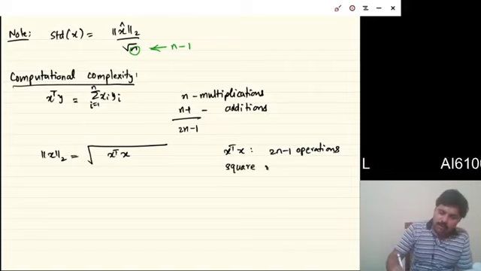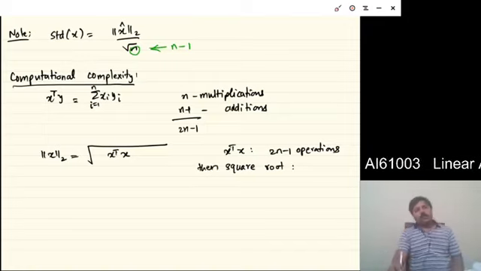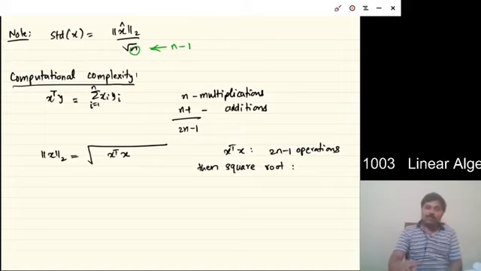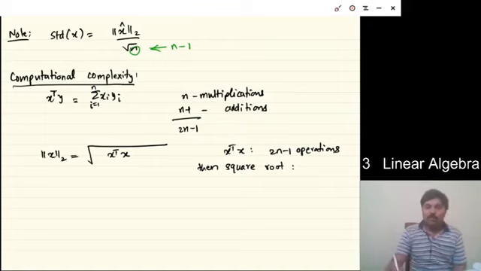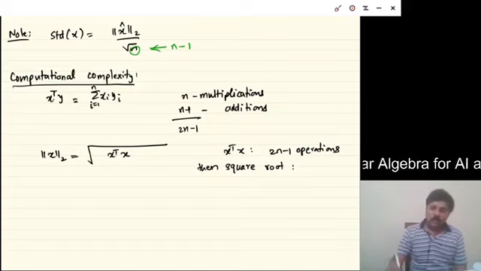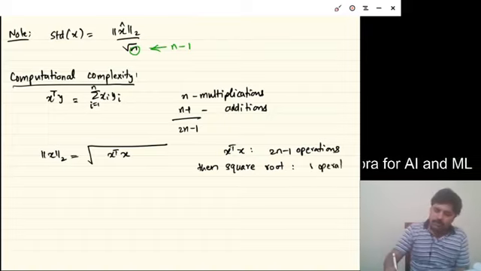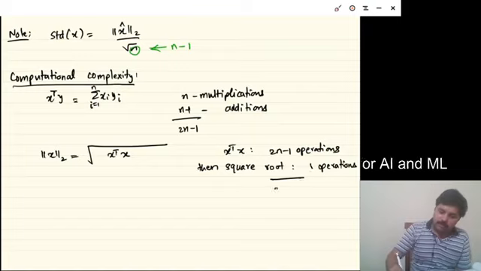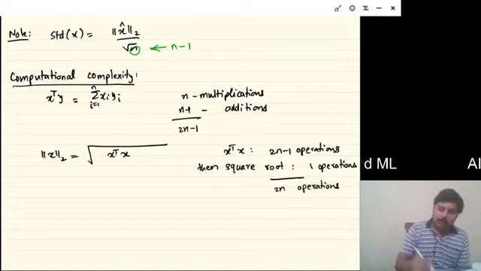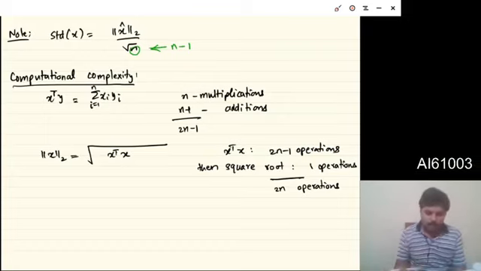The square root is a really difficult and challenging operation in floating point arithmetic, but we are not going deep into that, and we'll just assume that taking a square root is equivalent to one operation. So a total of roughly 2n operations are required to compute the 2-norm of any vector x. So far so good.